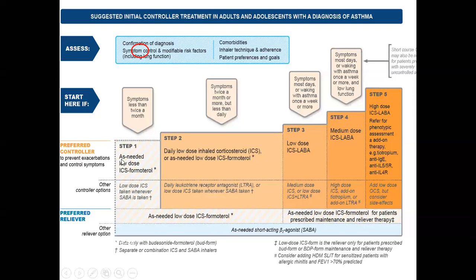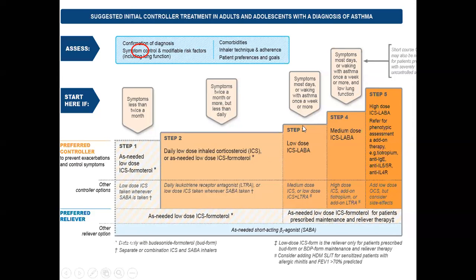Okay, so step 1: whenever the child has wheezing, you start with low dose inhaled corticosteroids and formoterol. So this is a combination of low dose inhaled corticosteroids and formoterol. And step 2 is you are going to give a daily dose. You are going to give the inhaled corticosteroids daily.